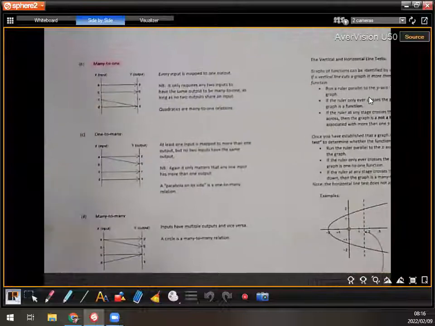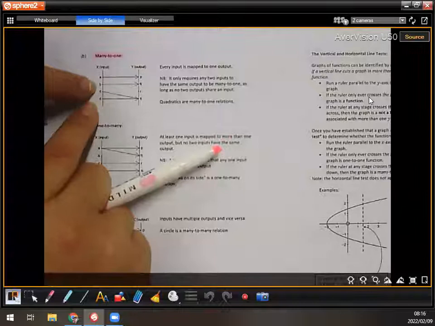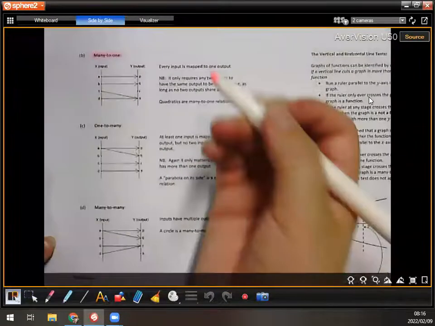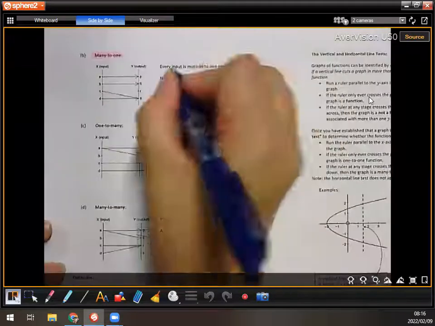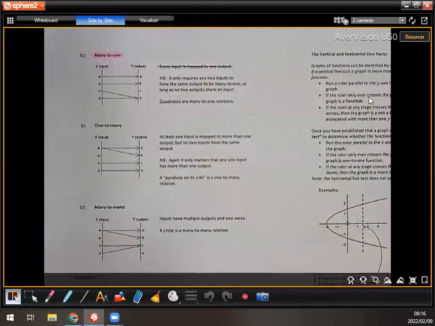So a parabola is called a many-to-one relation because multiple x values, here they're showing two different x values, give you the same y value as an answer. Okay, so every input is mapped to one output. No, that's not correct. Let's change that. We'll line through that.